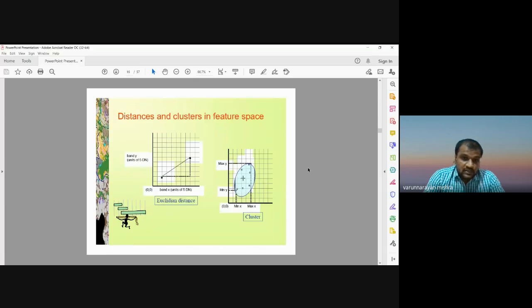In this figure, you can see the X and Y bands. For the X band, it has a unit of 5 DN, and for the Y band, 5 DN. So you can calculate the distance between two clusters of pixels in two-dimensional space, that is X and Y. This is known as a cluster. Cluster means the grouping of the same kind of pixels, and if there are multiple clusters, you can calculate the distance between two or more clusters, which is known as Euclidean distance.